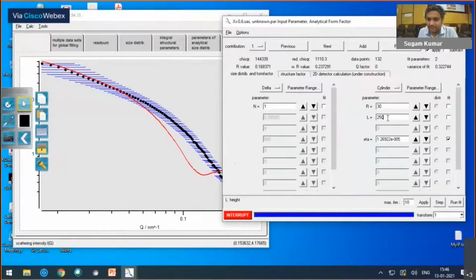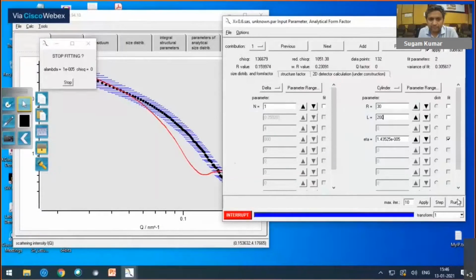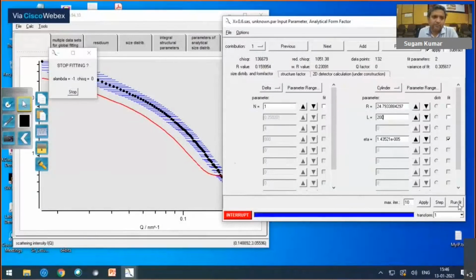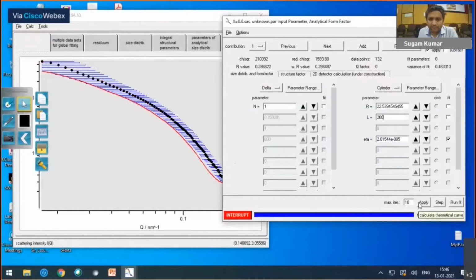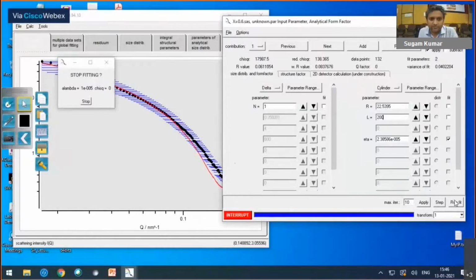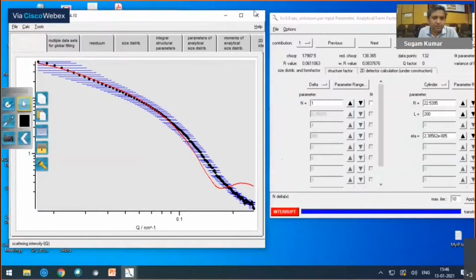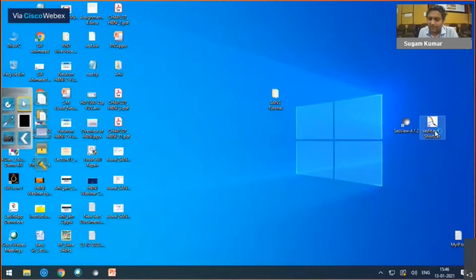Yes, so it's fitting. Now this part is majorly governed by the radius. So something like this. One has to even further fit it. I will simply show the fitted one.